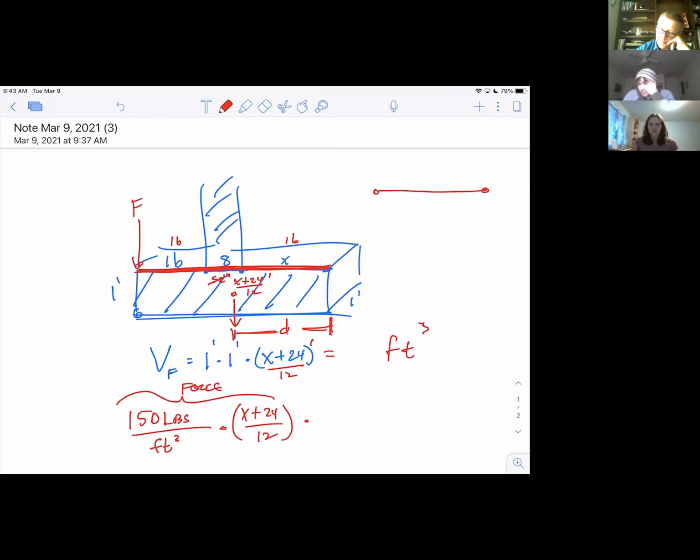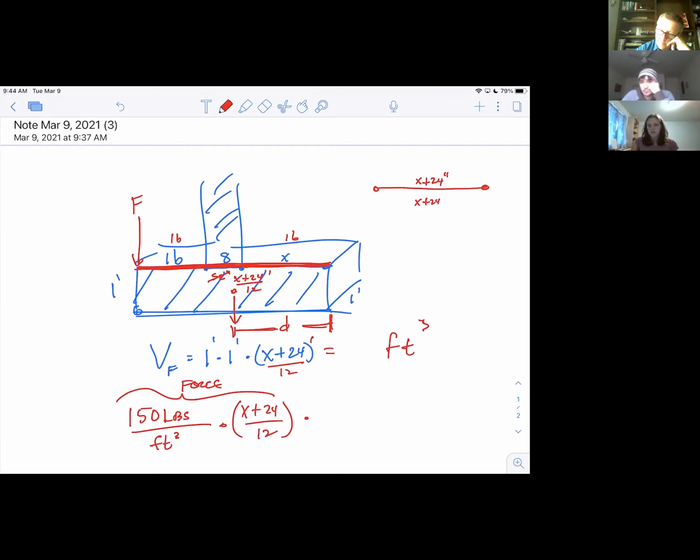So if this is the top of the footing and you agree that the distance up there is either x plus 24 inches or x plus 24 over 12 feet, whatever way you want to call it, then isn't the force right in the center of that? Do I want 1/2 of that then? Exactly. That's what you did before. Didn't you take 52 and cut it in half and say 26? It's no different.